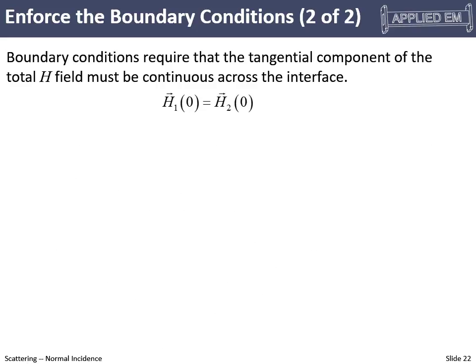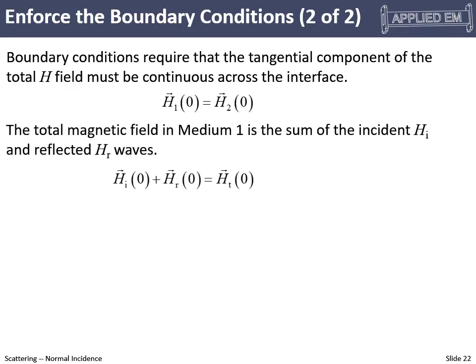Now we'll look at the boundary conditions for the magnetic fields, but we start off with the same equation saying that the total magnetic field in medium 1 has to equal the total magnetic field in medium 2 right at the interface. On the left, we have the magnetic field of the incident wave and the magnetic field of the reflected wave added together, and on the right we only have the magnetic field of the transmitted wave.